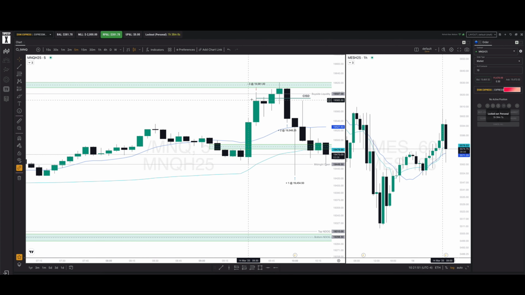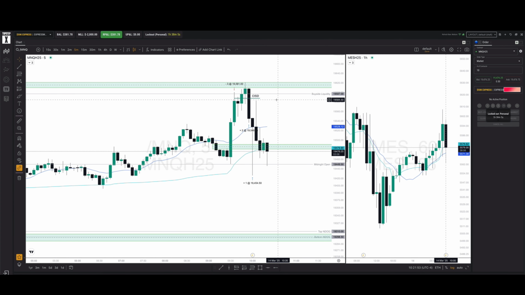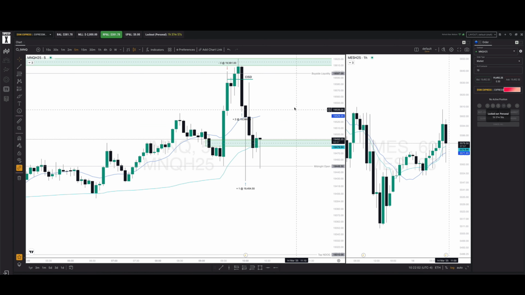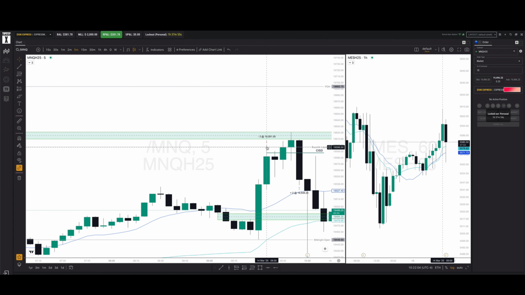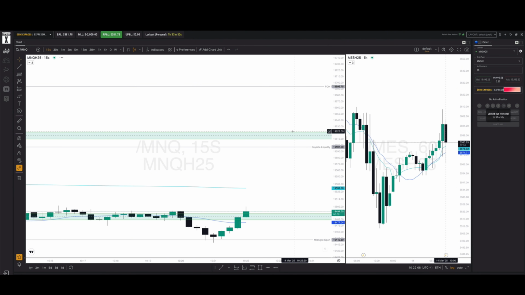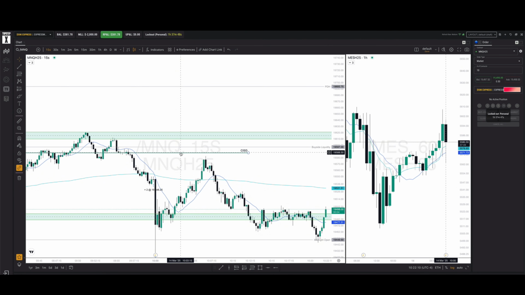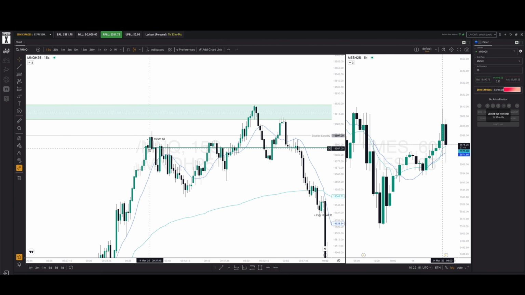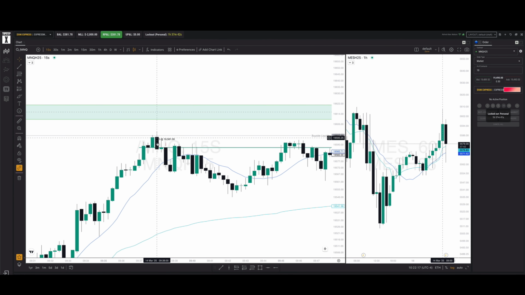And the thing is, I entered the trade as soon as I saw this on the 5 minute. When we have a point of interest on a 5 minute, we jump down to the 15 second to find my entry point. So as we swept this liquidity up here, this line with those equal highs, I jumped down to the 15 second. Let me show you what happened here. As soon as we swept those highs, the very next candle on the 15 second closes below the candle that swept the high.